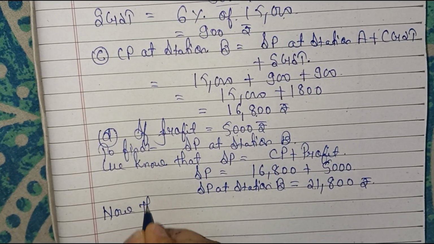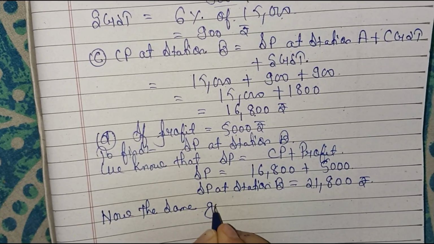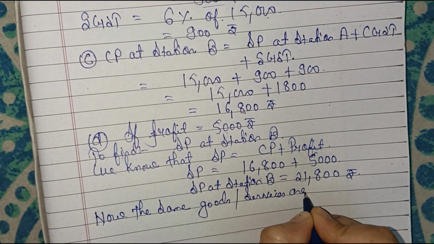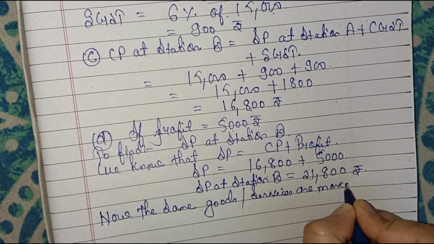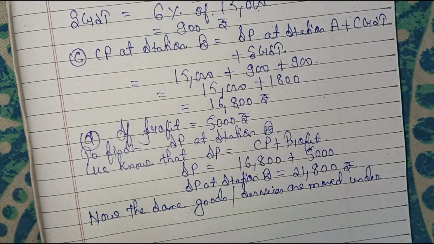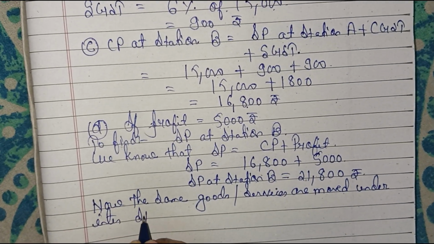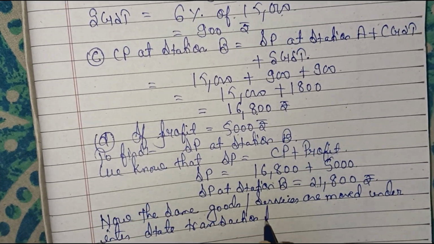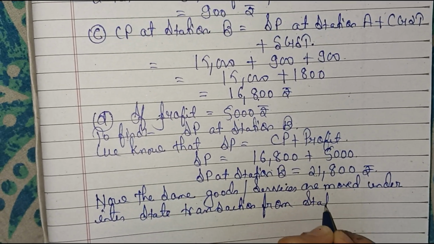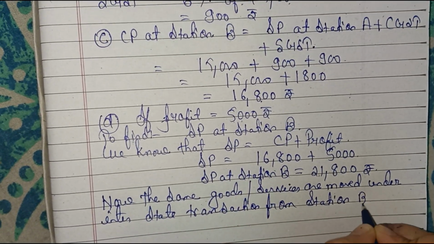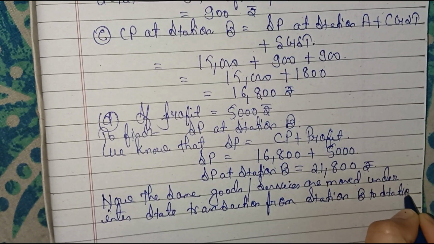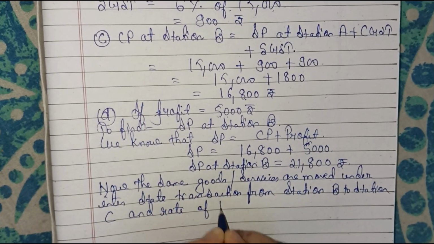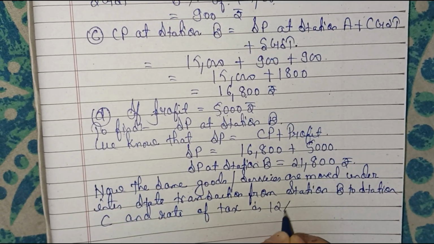Now the same goods services are moved under interstate transaction from station B to station C and rate of tax is 12%.